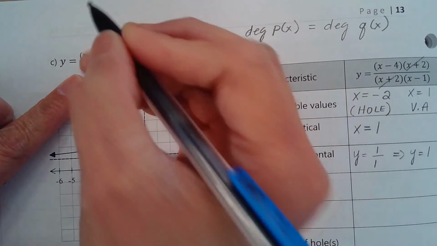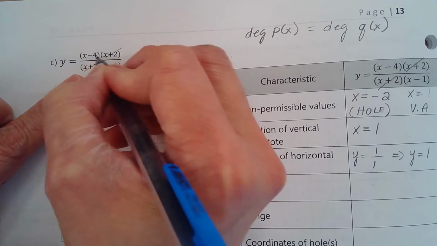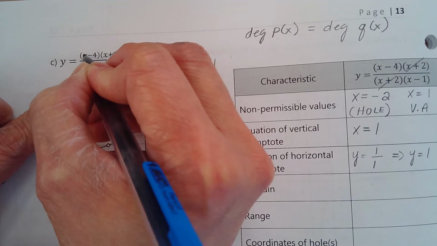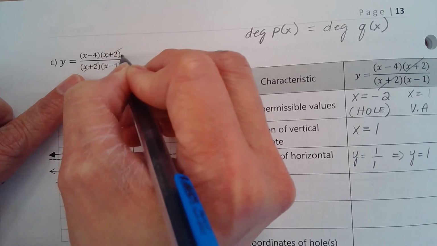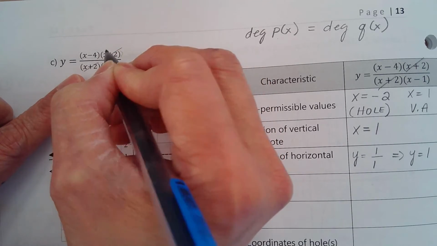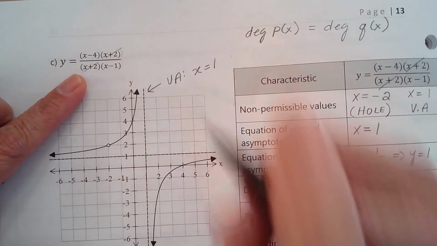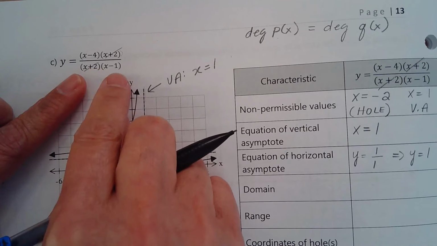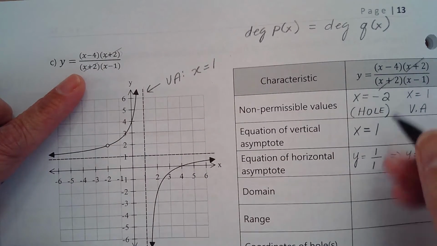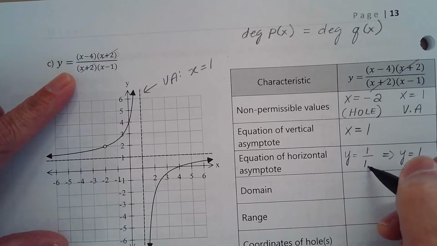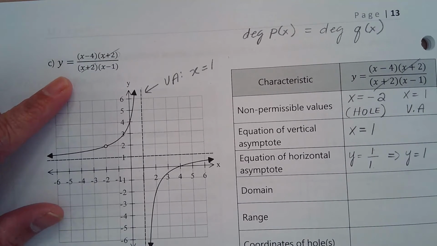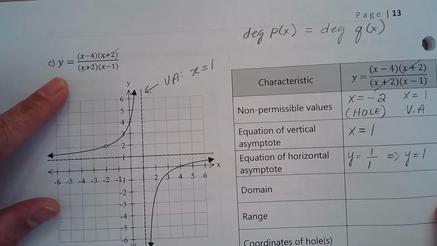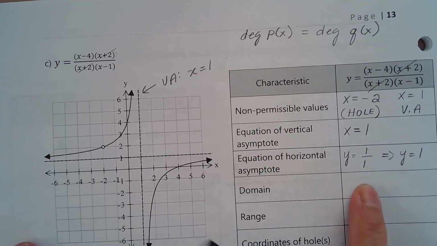Even if we expanded this, what would be the leading coefficient of the polynomial p? It's going to be 1. And what's the leading coefficient of the polynomial q? 1. So that's why we said 1 divided by 1, which is 1. Is that okay? Did I answer your question? Okay. What's the domain?